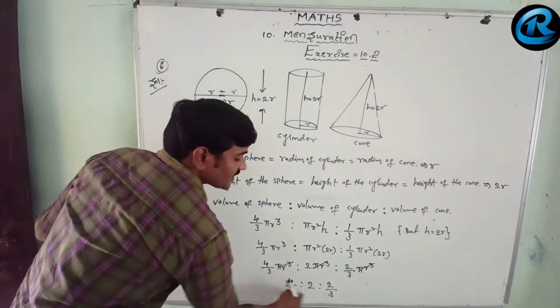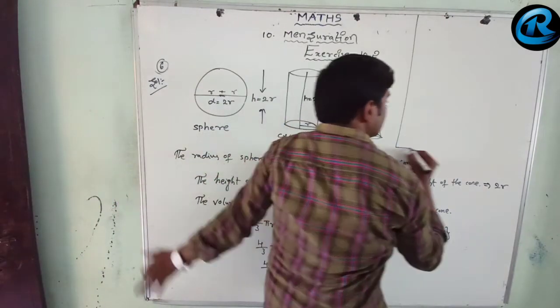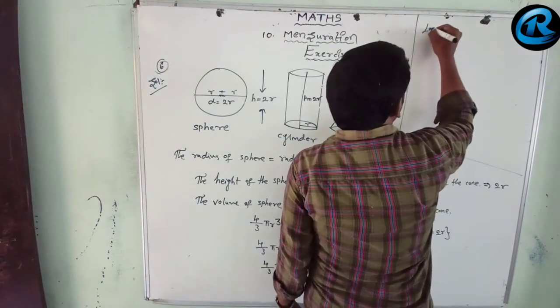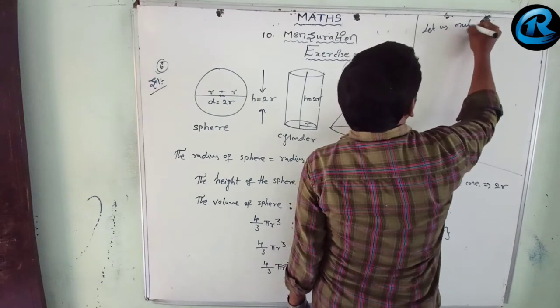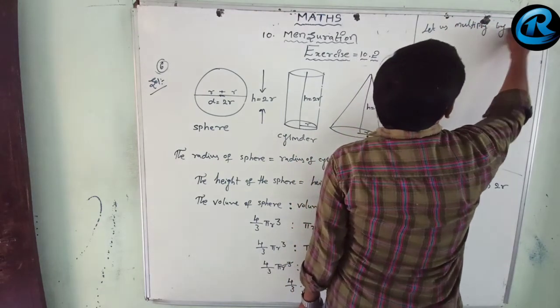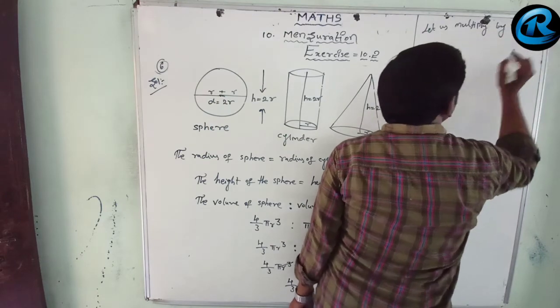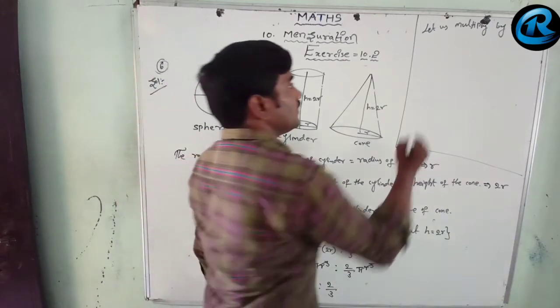So the denominators are 3 and 3. Let us multiply by 3. అంటే ఈ రేషియోని మనము 3 times ఇంక్రీజ్ చేస్తున్నాం. Why? Because the ratio should not be in the fractional form. That's why.